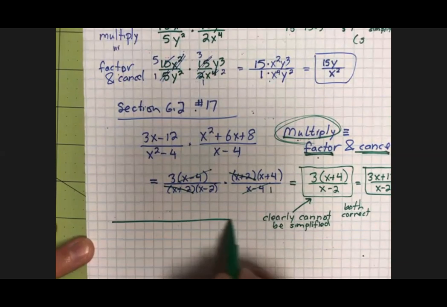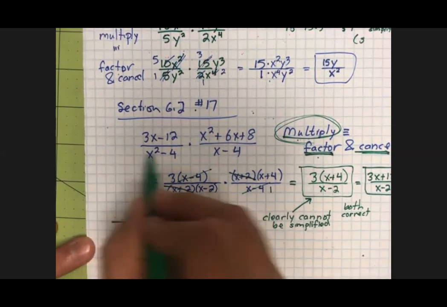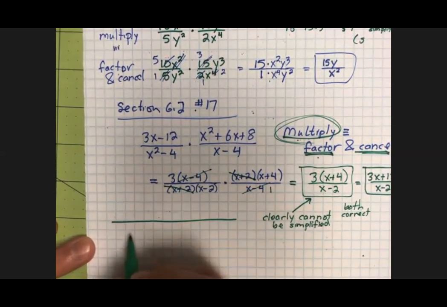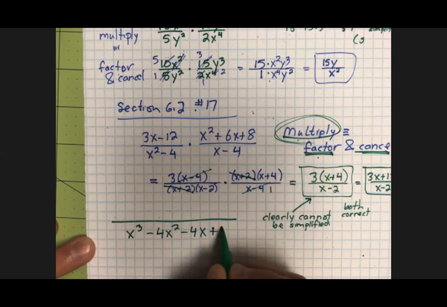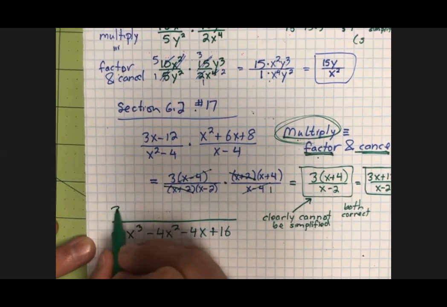Now, I want you to see what would have happened if you would have tried to multiply these out in the traditional sense. The bottom would have been x cubed minus 4x squared minus 4x plus 16. Yuck. The top would have been 3x cubed plus 6x squared.